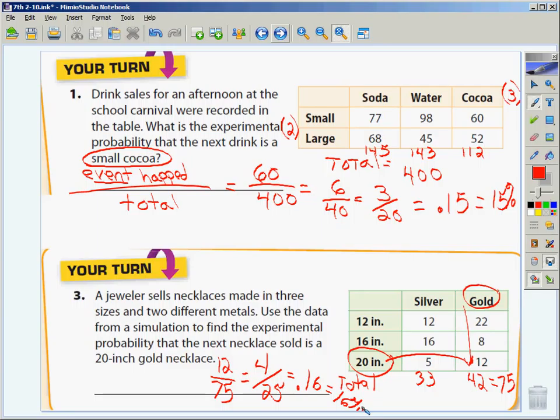Okay? With a compound event, experimentally, what do we have to find first? The total. You take the number of times it happened divided by the total number of attempts. Good?